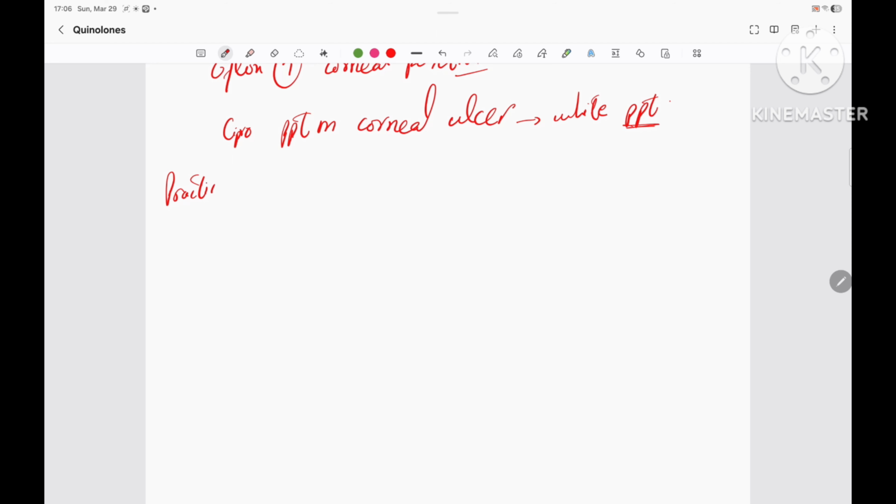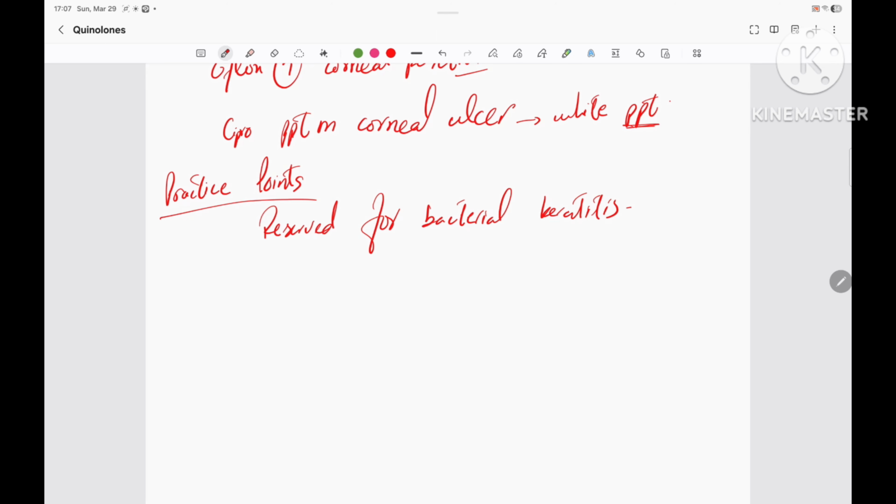So there are a couple of practice points regarding quinolones. Number one is that it is reserved for keratitis, but remember, for bacterial keratitis. The second point is that it has best efficacy against gram-negative bacteria, that includes Pseudomonas.